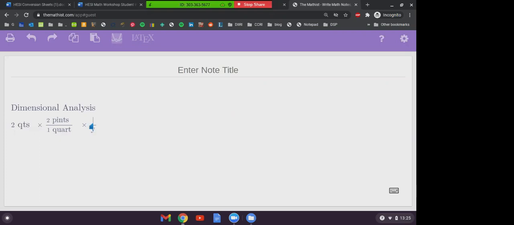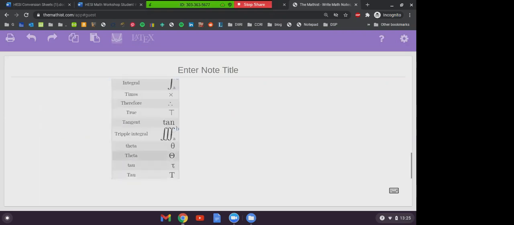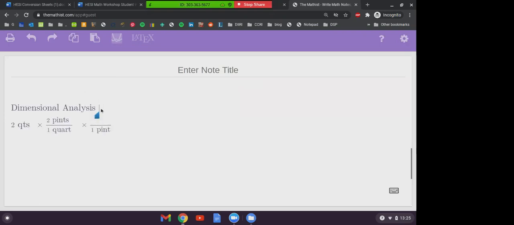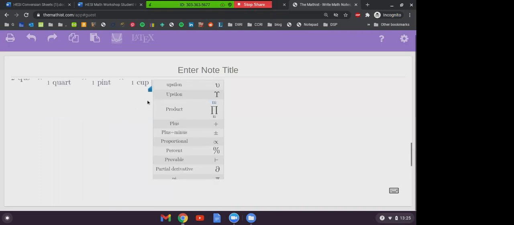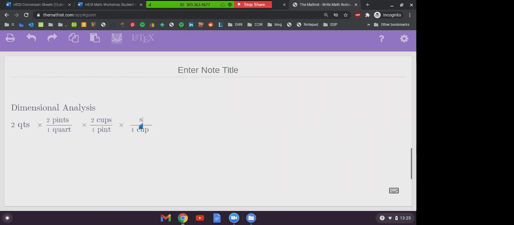I know that 1 pint is equal to 2 cups, which cancels the pints. Now I have cups. I also know that 1 cup is equal to 8 fluid ounces, which cancels the cups. Now I have ounces.